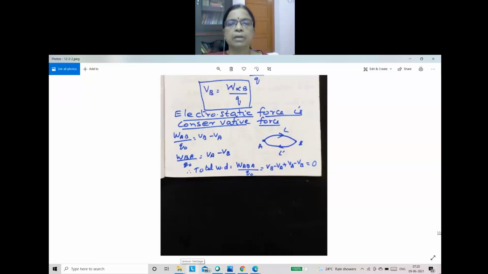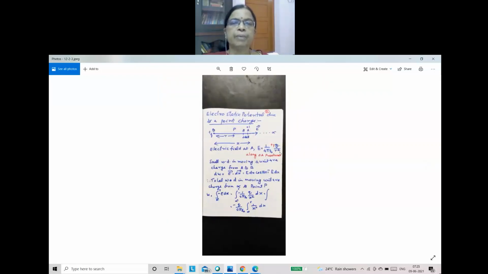So electrostatic force is a conservative force, children. Work done does not depend upon the nature of the path. It depends only on their positions in the field.